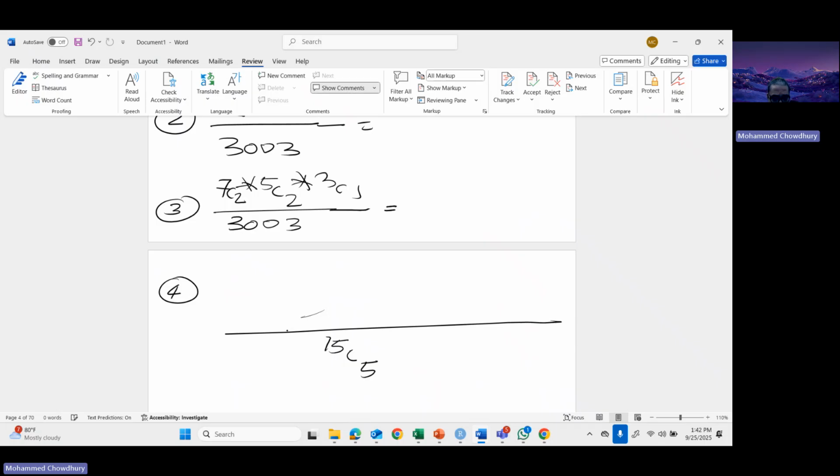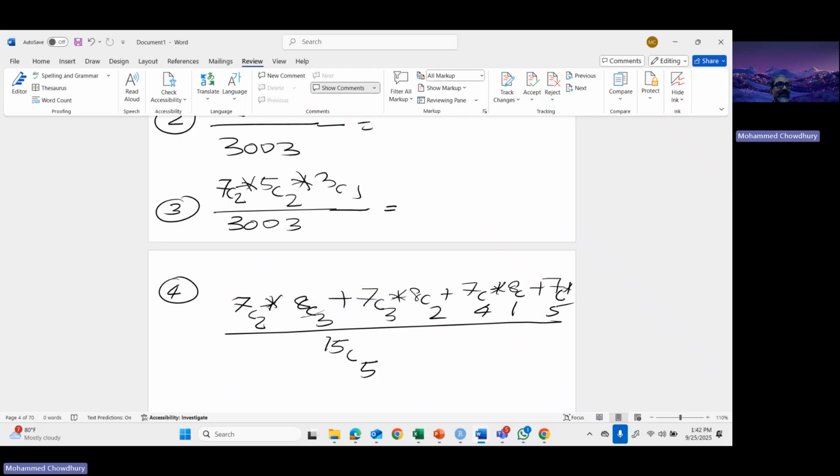For at least 2 white: 7 choose 2 times 8 choose 3, and then 7 choose 3 times 8 choose 2, and then 7 choose 4 times 8 choose 1, and then 7 choose 5 times 8 choose 0.